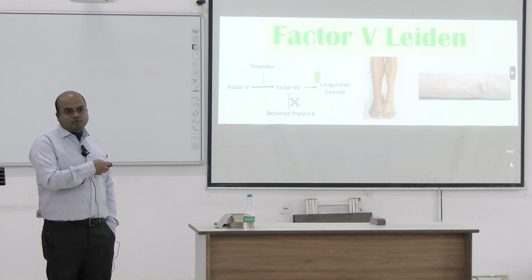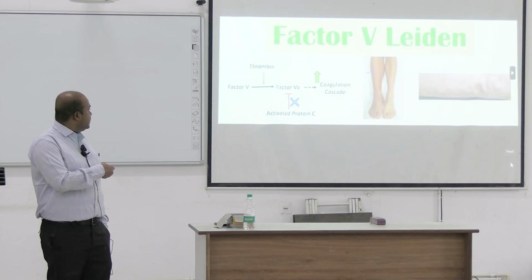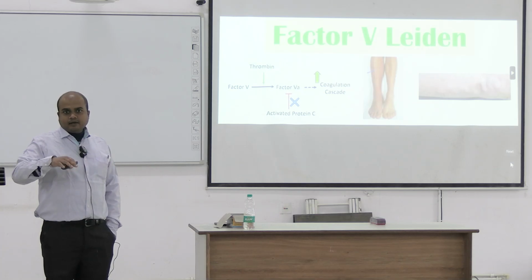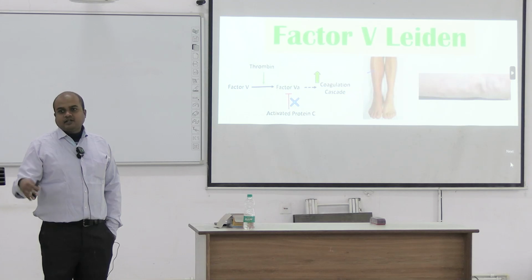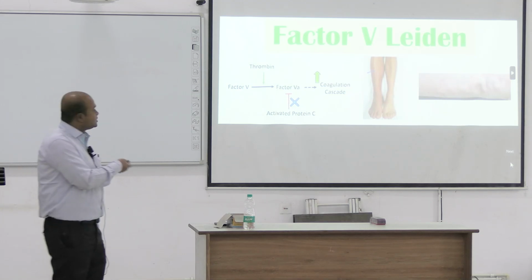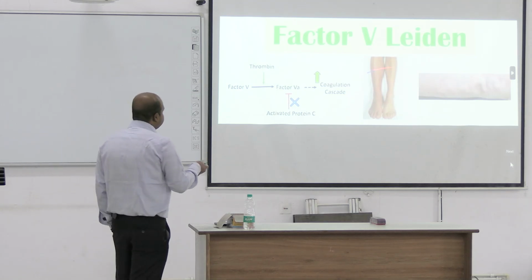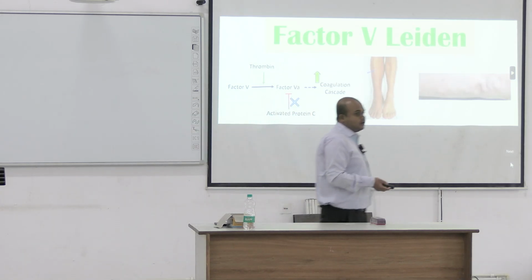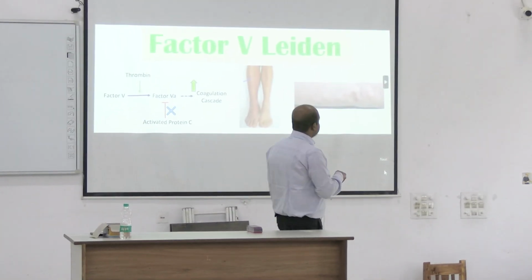This is a hypercoagulable state, where activated protein C is deficient. Activated protein C does not allow excess activation of factor 5. So it becomes a hypercoagulable state. Factor 5 Leiden, it is again after the name of somebody, is a hypercoagulable state.